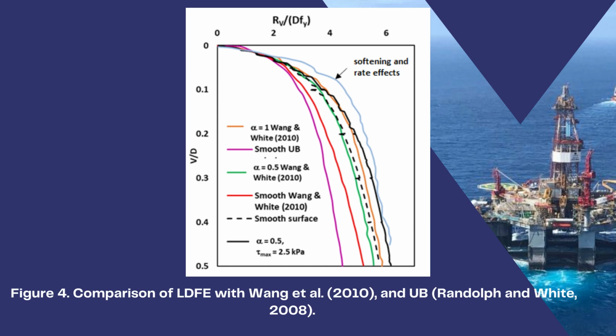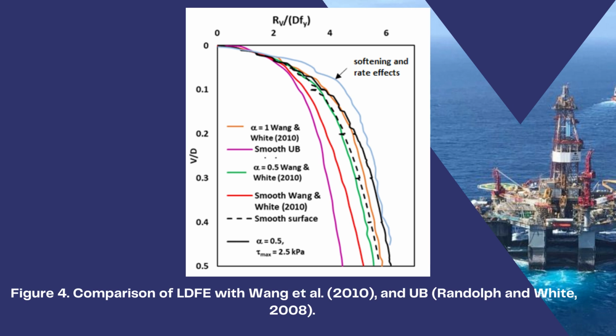In this case, we compared with large deformation analysis results from Wang and others and the upper bound solution proposed by Randolph and White in 2008. You can see that the current analysis is given by these broken lines for the smooth surface, alpha 0.5 with limiting shear using this firm black line, and the upper bound solution with rate effects and softening, this light blue line, and Wang's results are the other lines.